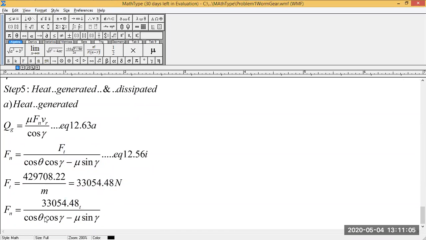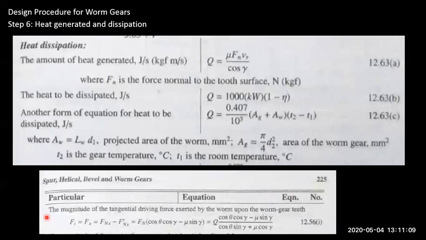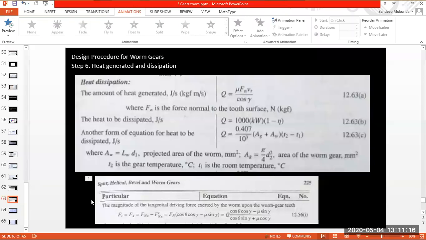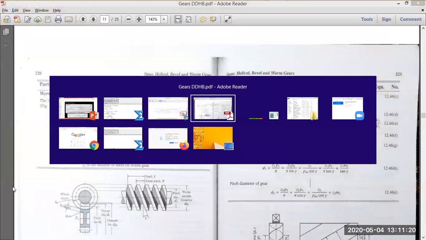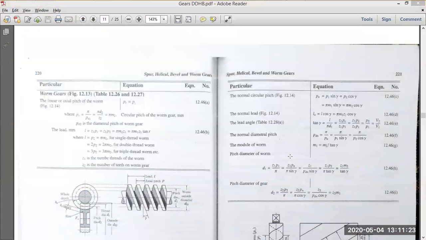Then cos theta. What is theta? So theta is not known. For theta, we need to head back to the data handbook again. Find where theta is.